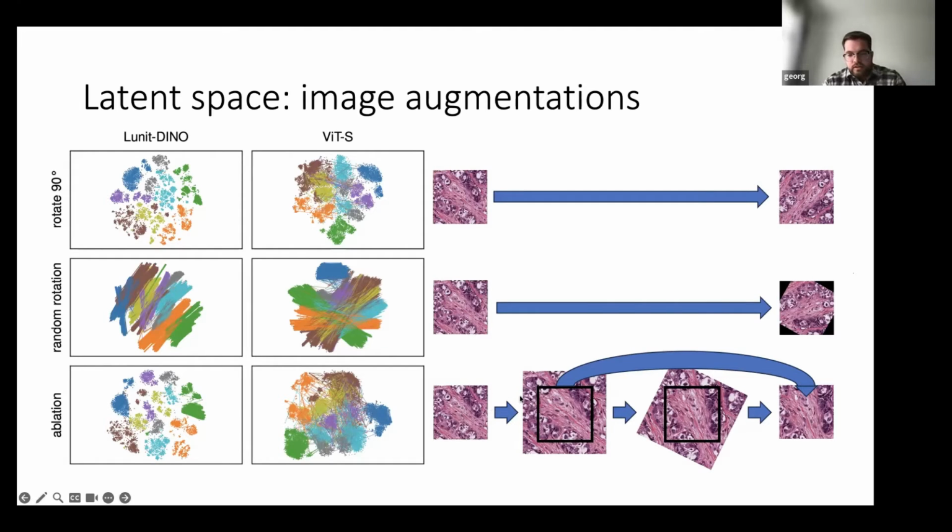So simply enlarging the image, so the patch, then rotating it, and then performing a center crop so that you're always sure that there's no black parts at the edges. You see that again for the strong feature extractor, there are no jumps in latent space, but then the ImageNet baseline performs quite poorly. So this is not invariant to rotations.